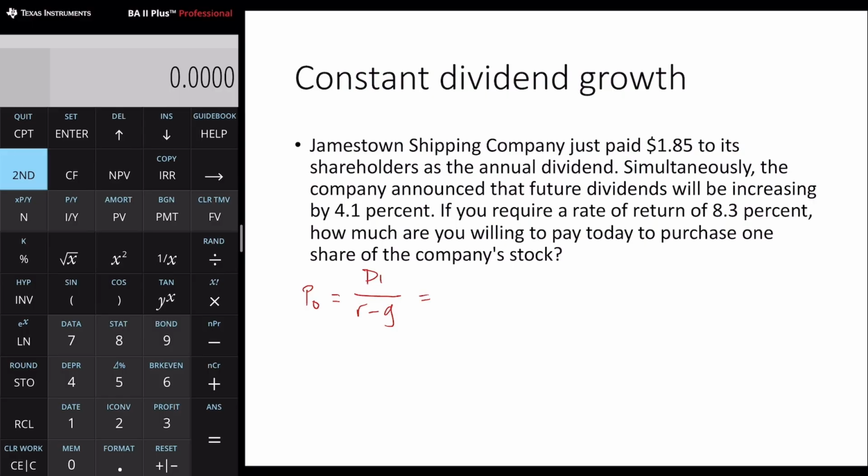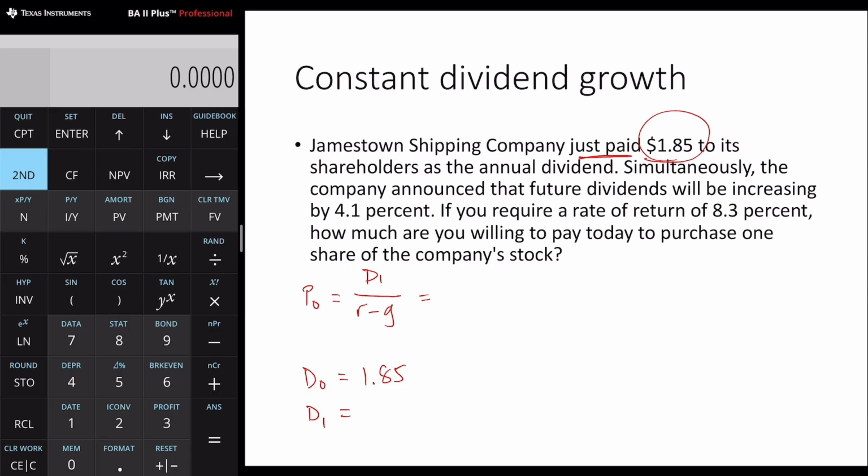So we're given the dividend of $1.85. Now, which dividend is this? Well, notice that the language says just paid. That means D0 is going to be equal to $1.85. We need D1. We need the next dividend. So how do we calculate that? Well, it's easy.